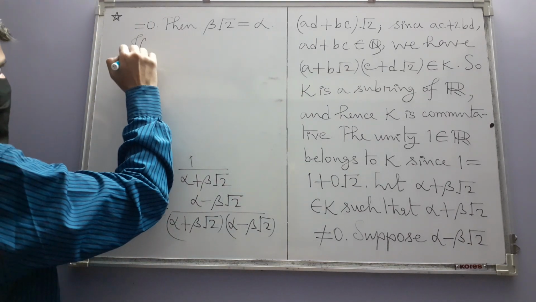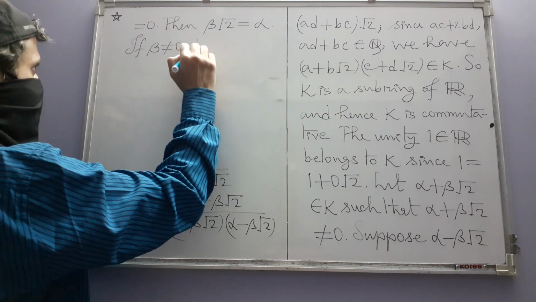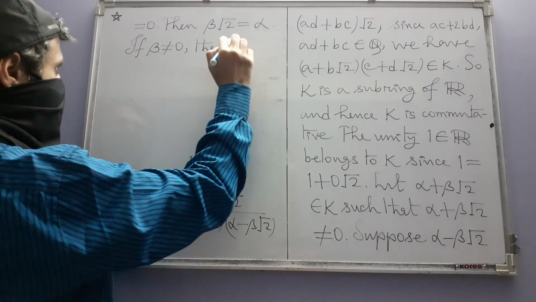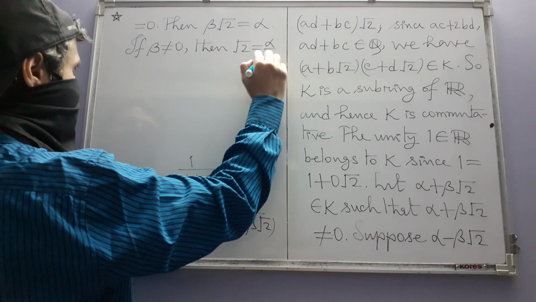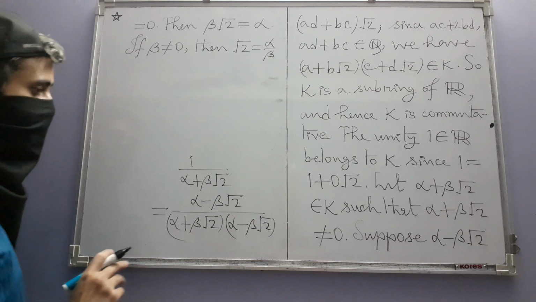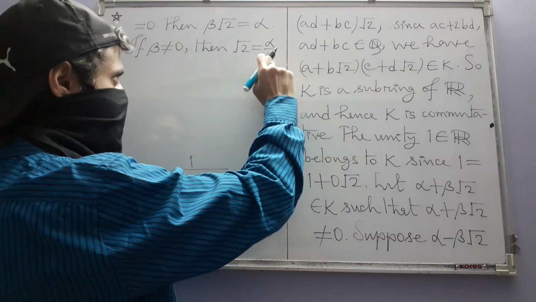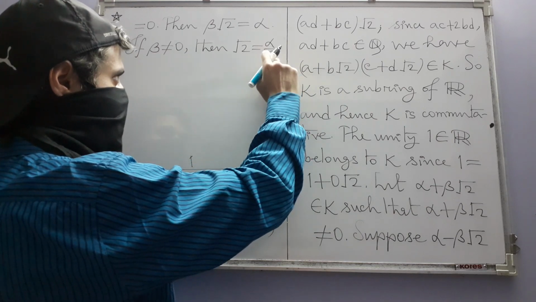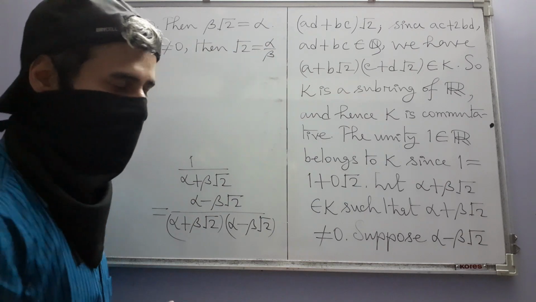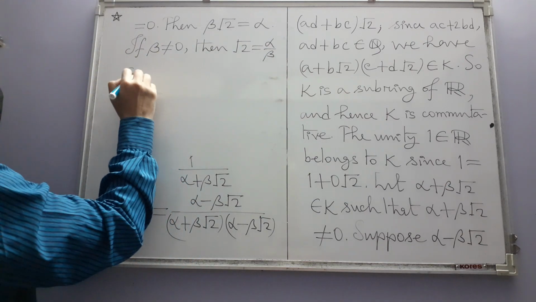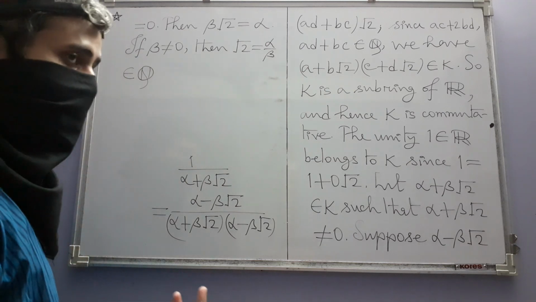If beta is not equal to 0, then square root of 2 is alpha divided by beta. But since alpha and beta are both rational and beta is non-zero, this quotient alpha over beta is also rational because the rational numbers form a field, and that's why root 2 is rational, which is a contradiction.